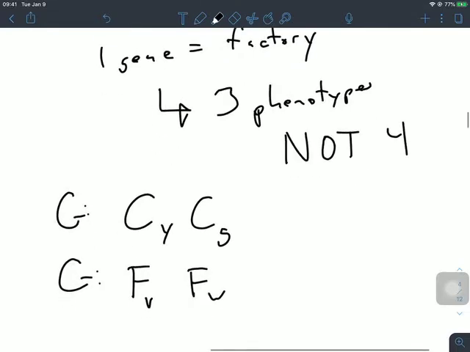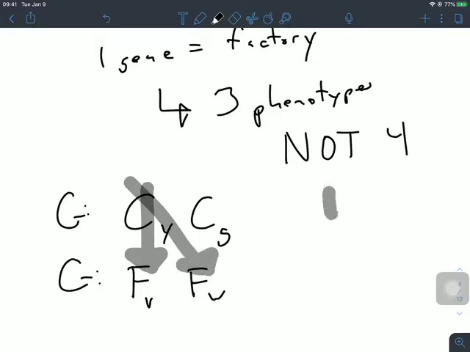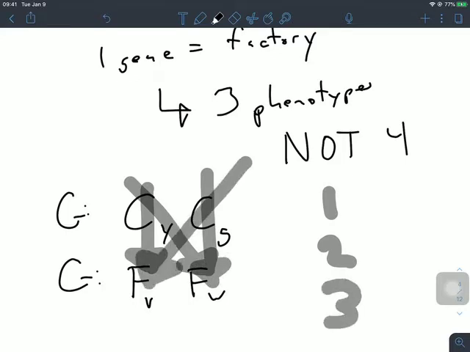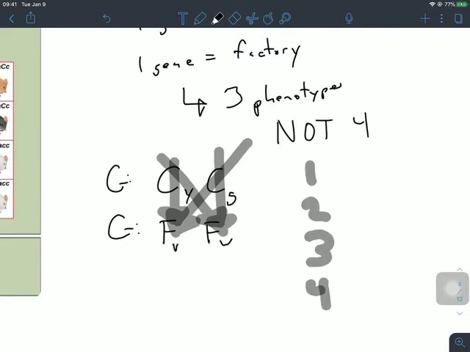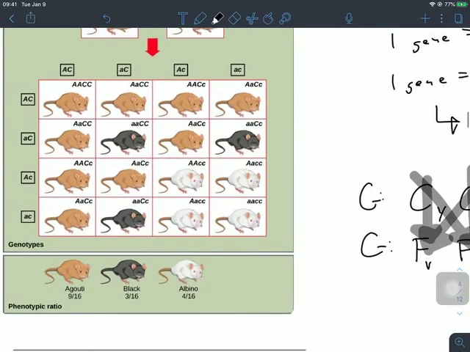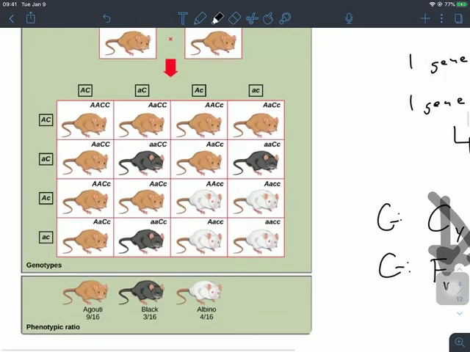And you can mix and match these with yellow peas with purple flowers, yellow peas with white flowers, that's 1, 2, green peas with white flowers, that's 3, and green peas with violet flowers, that's 4. Those are your 4 phenotypes. In an epistatic question, you're instead going to get 3 phenotypes.